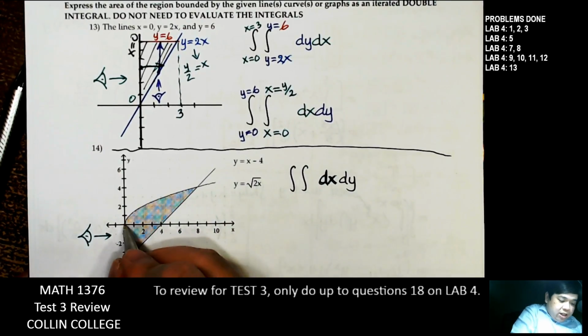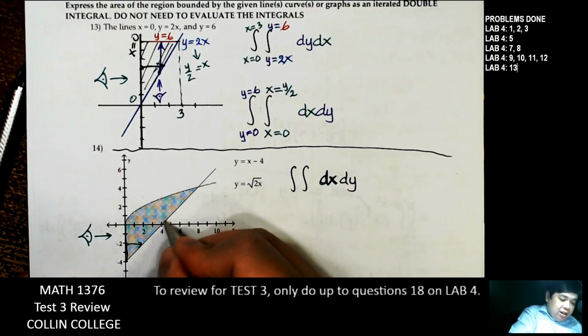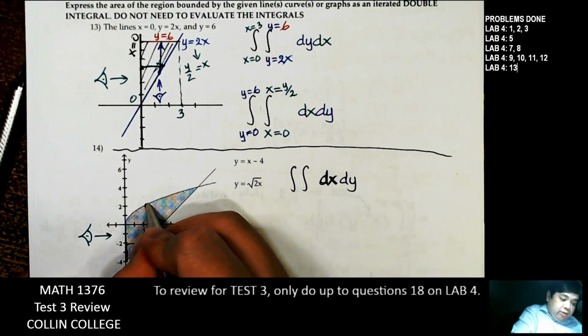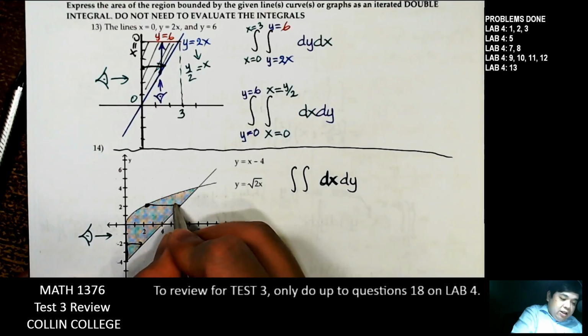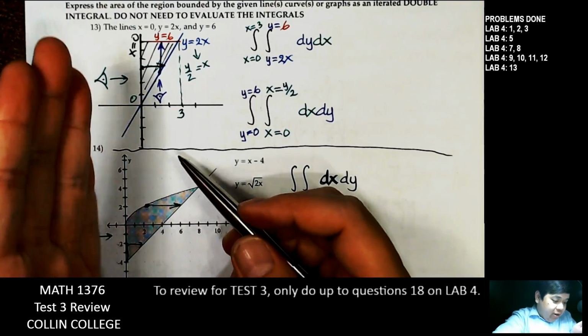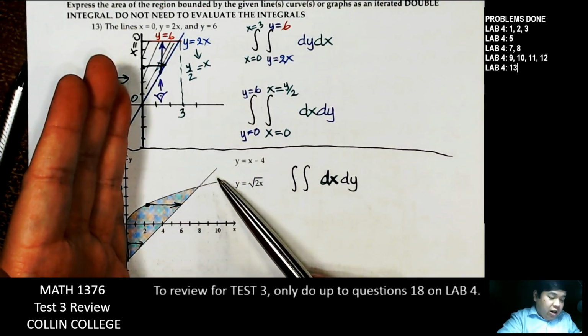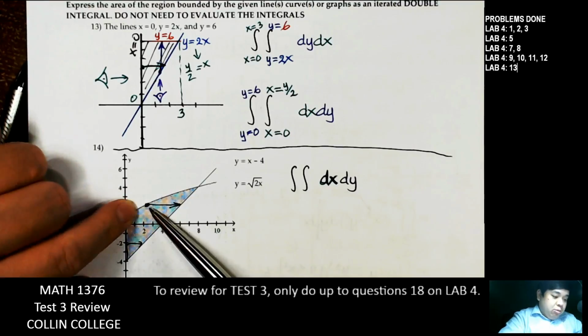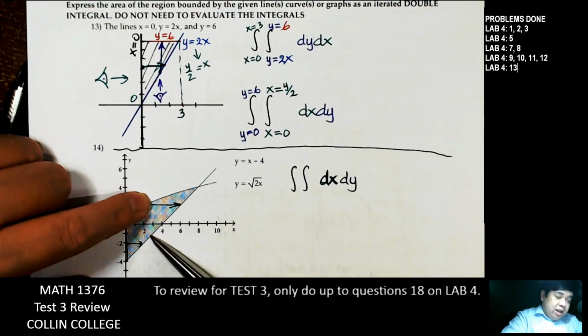Over here we see this line first and then that line. But here we have this curve and then that line. So there is inconsistency here. Over here we have between this function and the line. Over there we have between the curve and the line.